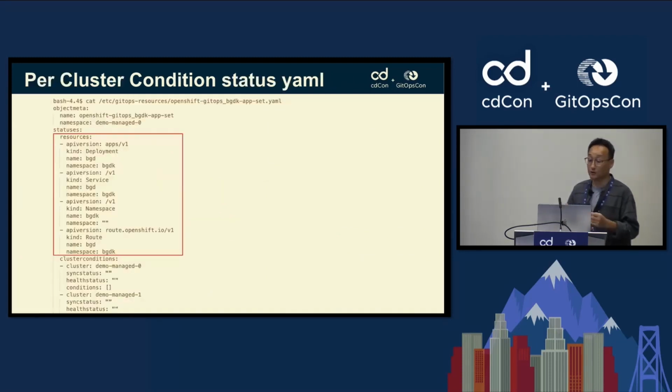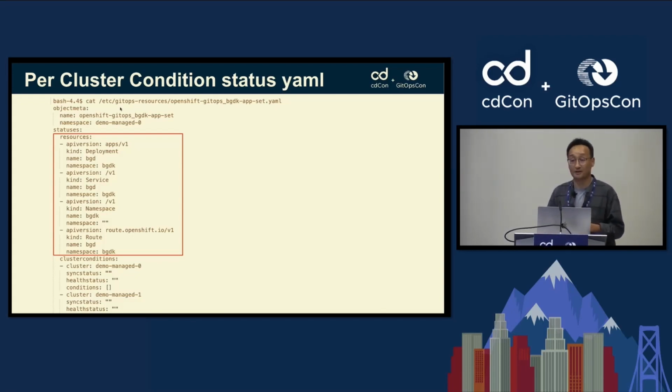Here, I also post a YAML file for reference. See here, as I just mentioned, our resource sync controller is used to fetch all the cluster conditions from all the managed clusters by using the search components.